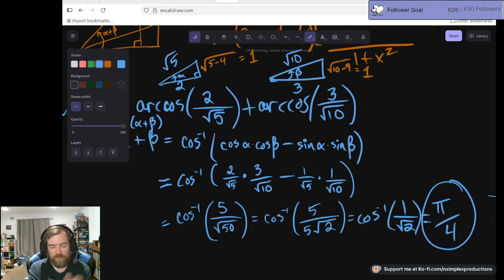Now, it is theoretically possible that we could think of this and say, if these were sufficiently large angles, then their sum would add up to a number which was larger than just pi over 4 by itself. Could it be an entire rotation off? Right? So an entire rotation would end up being 9 pi over 4.